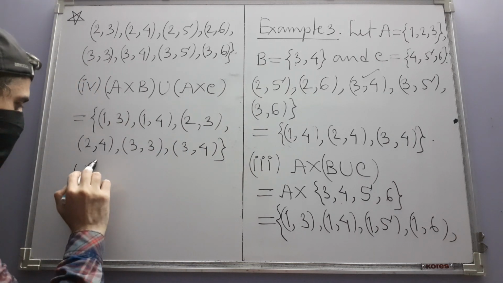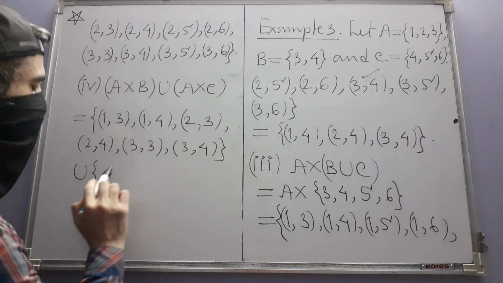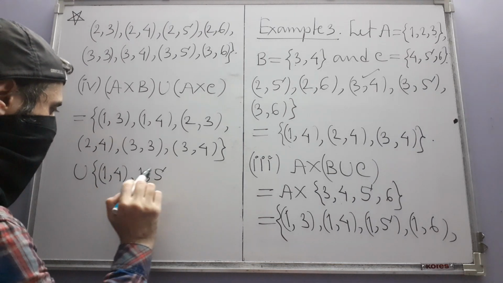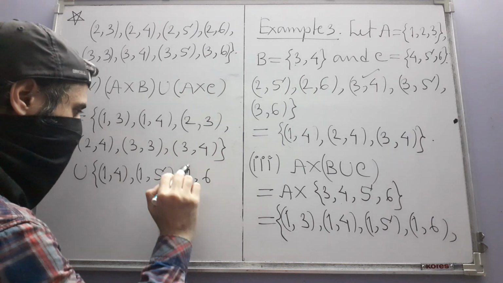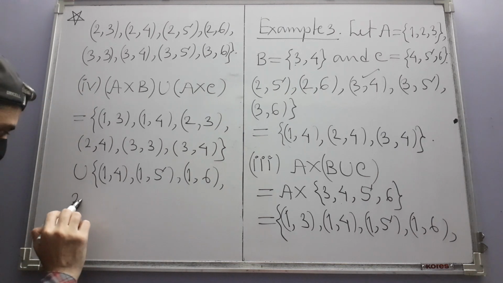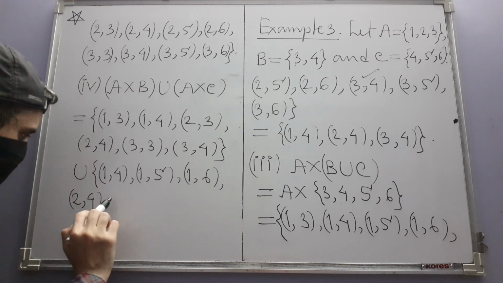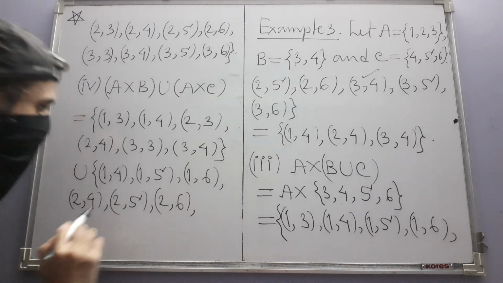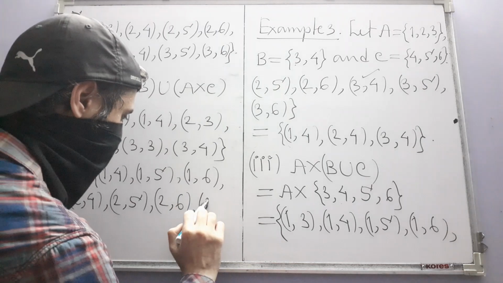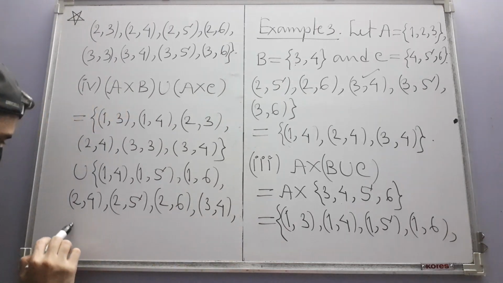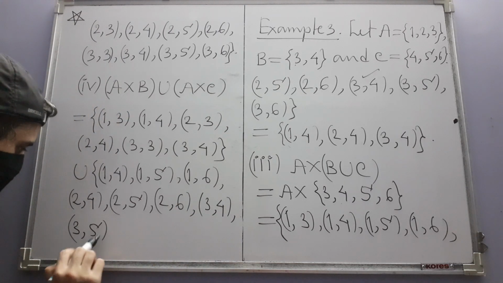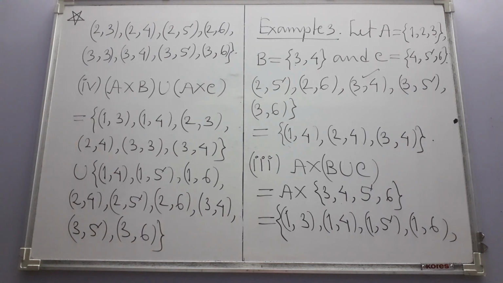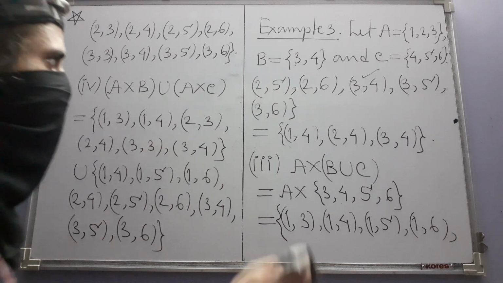Union A times C. 1 4, 1 5, 1 6, 2 4, 2 5, 2 6, then 3 4, 3 5, 3 6, and now it's not intersection, it's union.